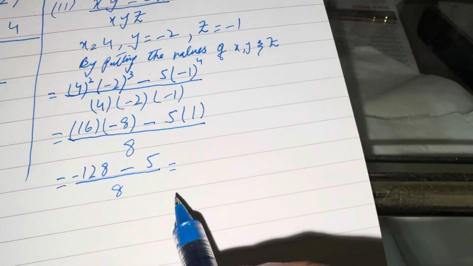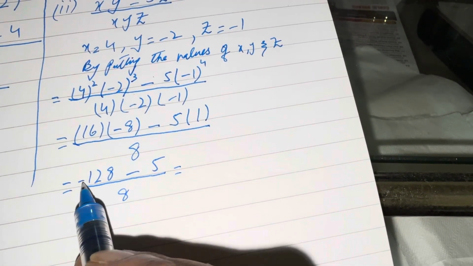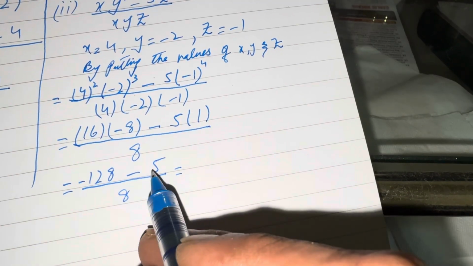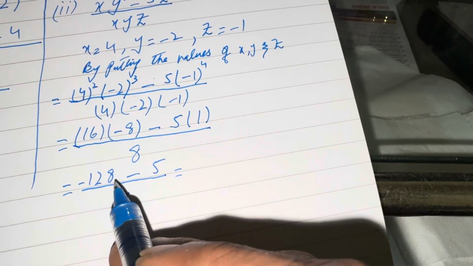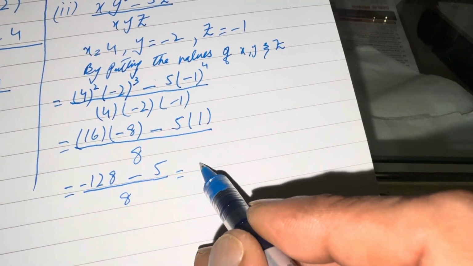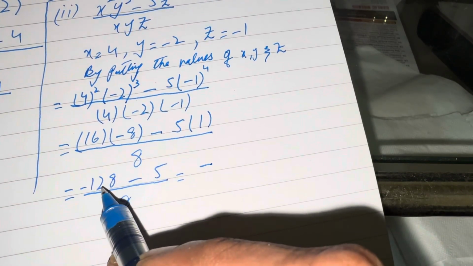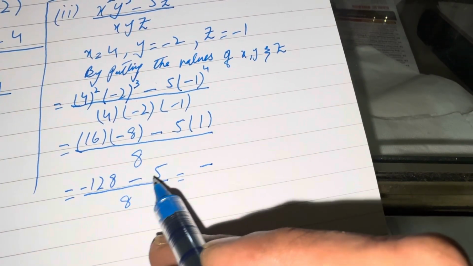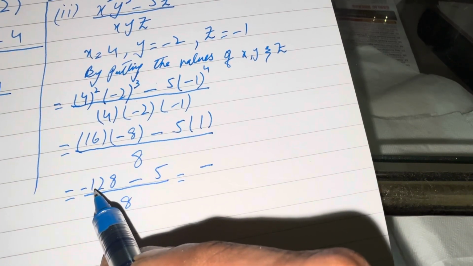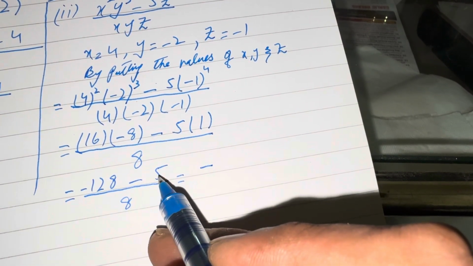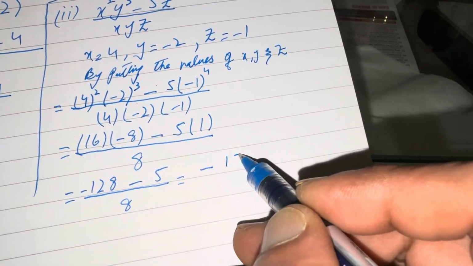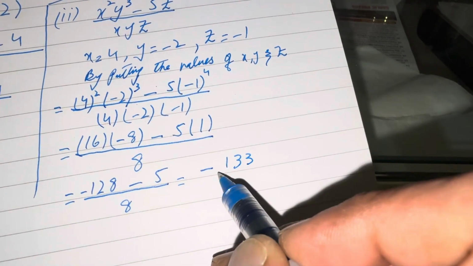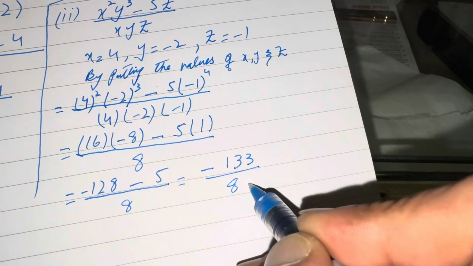So in our next step, two similar signs with two numbers will be always added with each other, but the sign will remain minus. So minus और माइनस दोनों प्लस हो जाएंगे और 128 में आप 5 जब ऐड करेंगे तो वो आपके पास -133 आ जाएगा divided by 8.